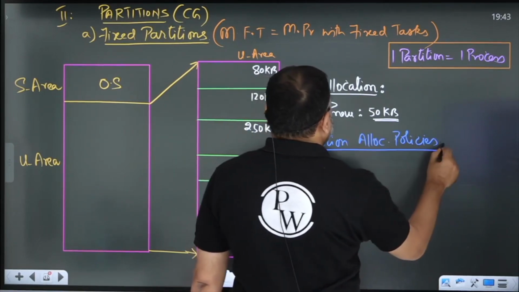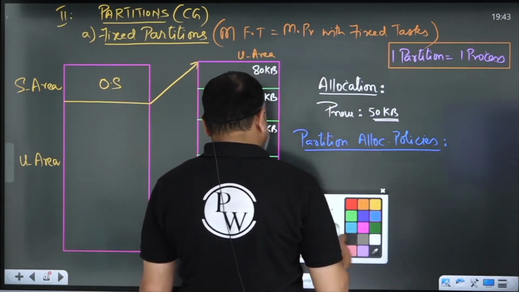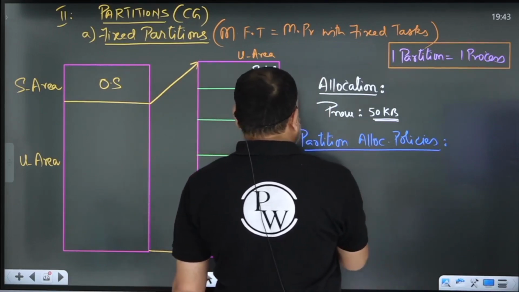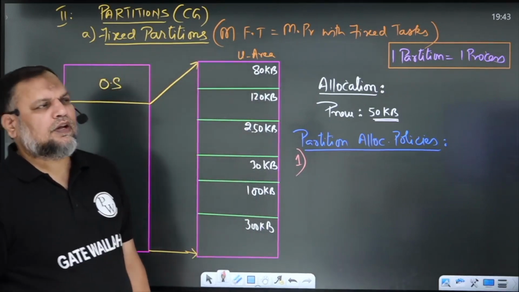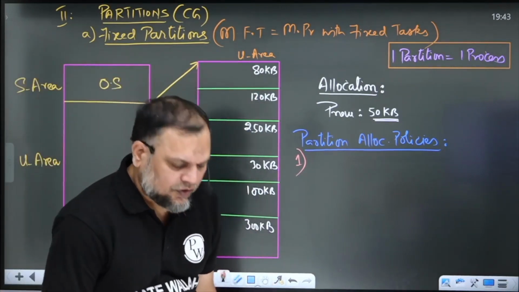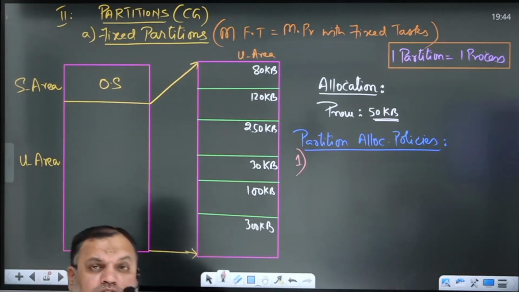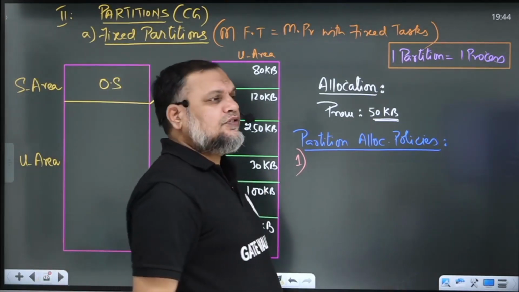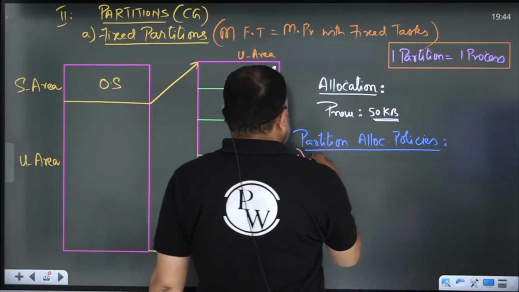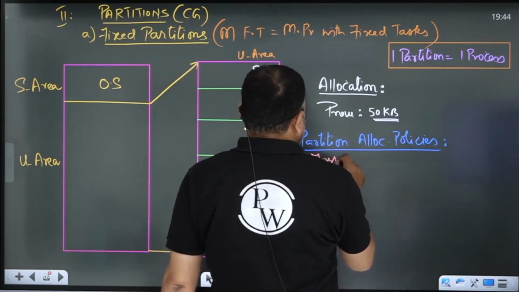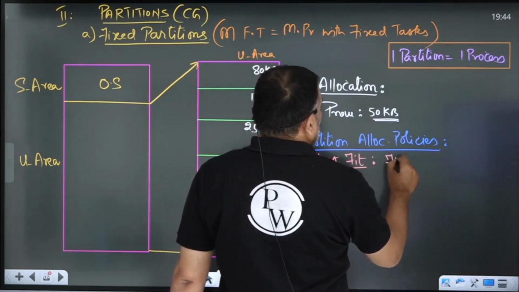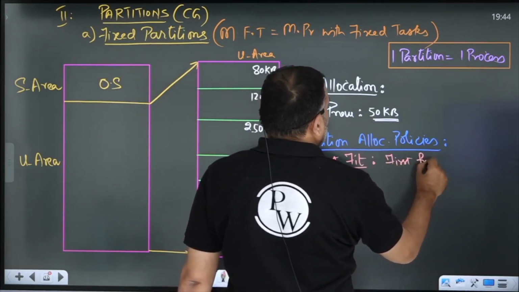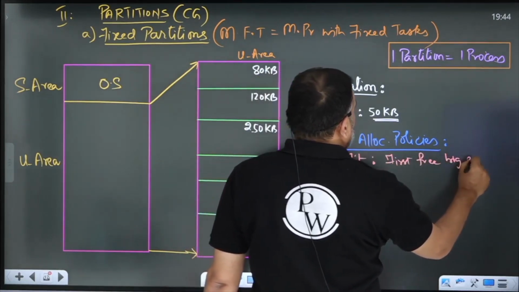We have some standard partition allocation policies. I am sure you might have studied them at your undergraduate level. Do you remember the various partition allocation policies? At least some of them. We have 4 standard allocation policies. First is called first fit.